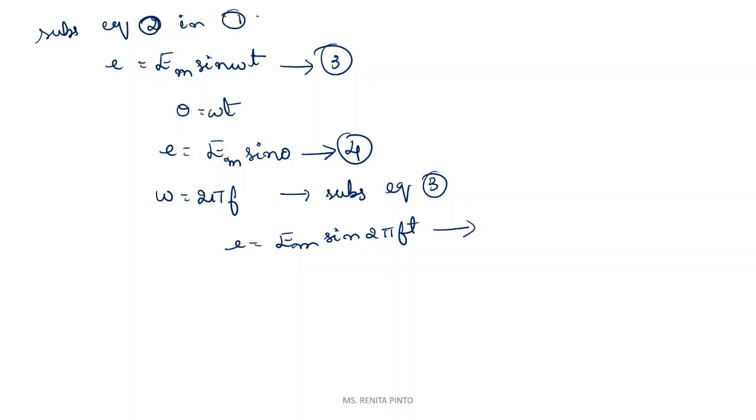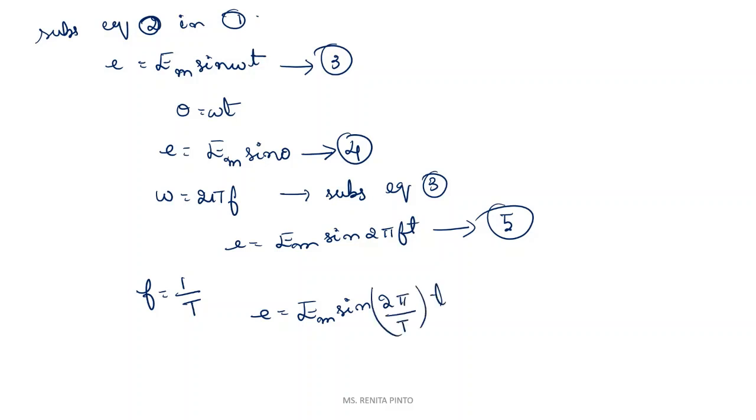Let me take this as equation 5. Again, we have already studied that the relationship between the frequency and the periodic time is f is equal to 1 by T. If you substitute that, you will get E is equal to Em sine 2 pi by T into t. Let me take this as equation 6. So these are the different types of equations through which you can write the EMF equation.